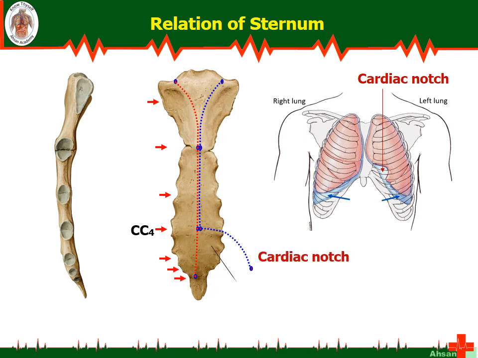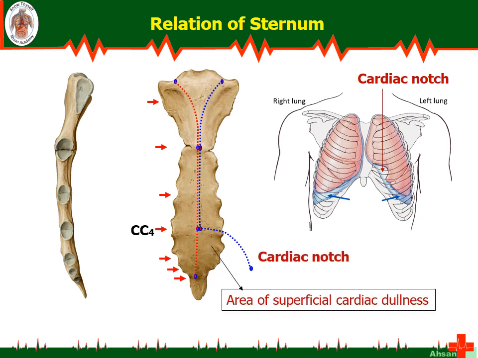This notch is known as cardiac notch, and this area over the sternum is known as area of superficial cardiac dullness. This notch is related to the pericardium, that is the covering of the heart, and behind that lies the heart. So whenever we tap with the finger on this area, because of the blood, it taps dull, but lung contains air, that's why tapping shows resonance.